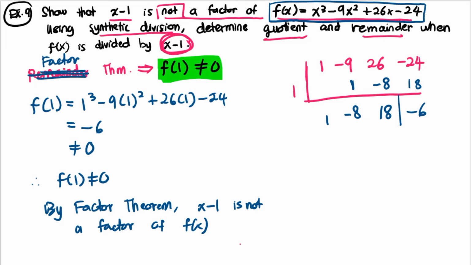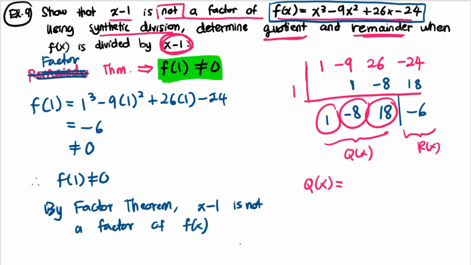Bear in mind that this negative 6 is the remainder, and this is the part where we have the quotient, q(x). This is the coefficient of x squared, this one is the coefficient of x, and this is the constant. Therefore we have x squared minus 8x plus 18, and the remainder is negative 6.